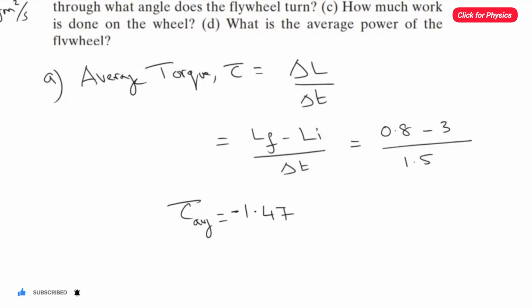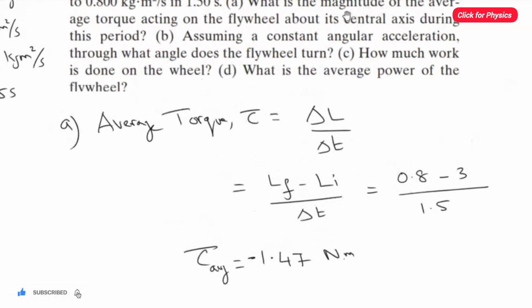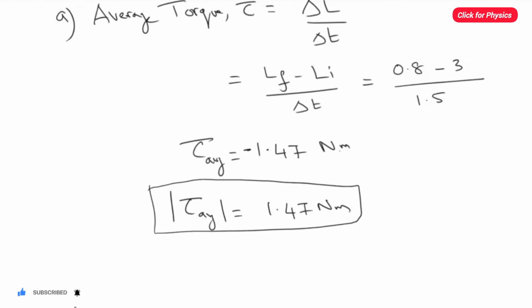So here we got the answer as negative: minus 1.47 newton meter, which is the unit for the torque. But you can read the question here. They ask you to give the magnitude value. So that means for the magnitude, we can just take the positive value. Therefore, the average torque magnitude is equal to 1.47 newton meter. So this is the answer for the first part.